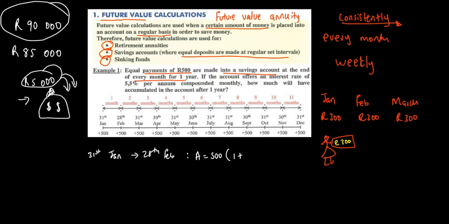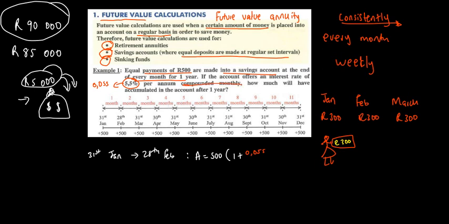The interest is going to be 5.5. Oh, remember, we changed that. Hey, don't make a mistake, eh? You change this to a decimal. So it will be 0.055. So here you're going to put 0.055.